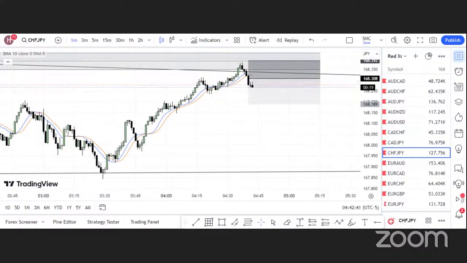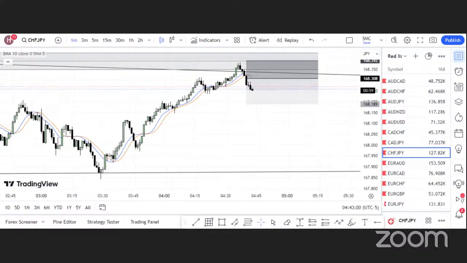All right. So hopefully it goes to our take profit and we collect our profit and go out of the market. So this is our first setup this morning and we are currently in profit. The market is heading towards our take profit area.